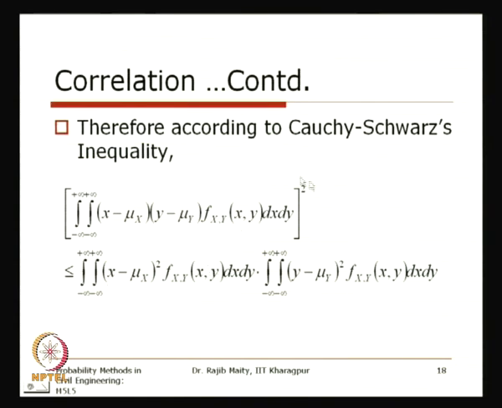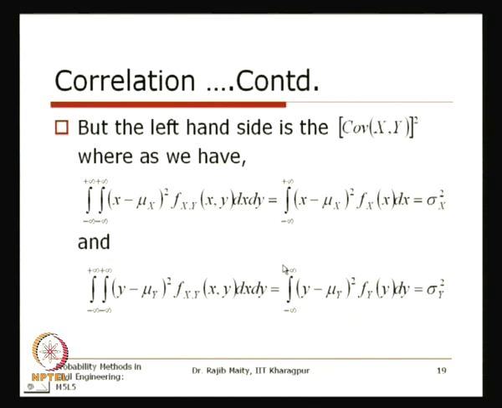So, the maximum of this quantity should be the product of this and this. As this is the maximum upper limit, now let us see what these two are individually. That is x minus mu x square times their joint density dx dy.